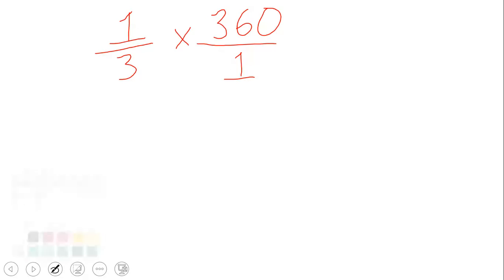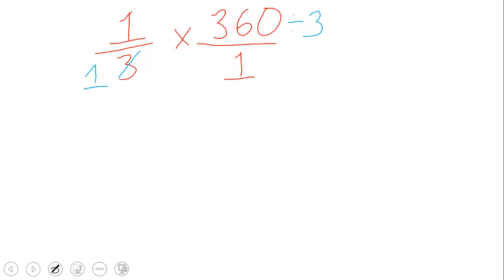We say 3 divided by 3, and 360 divided by 3. What is 3 divided by 3? That is indeed 1.